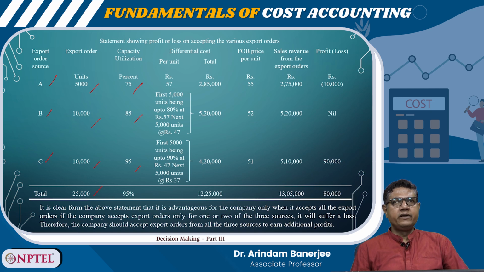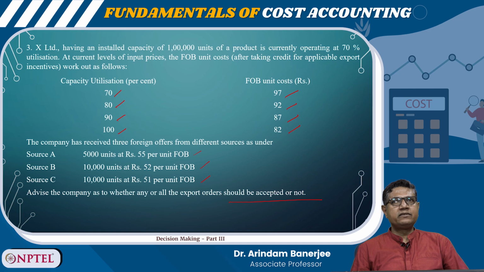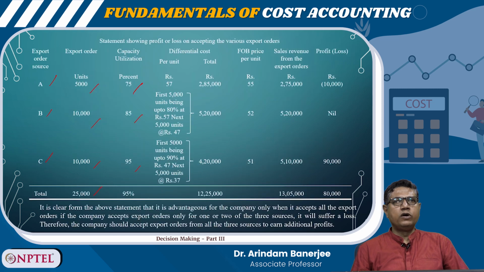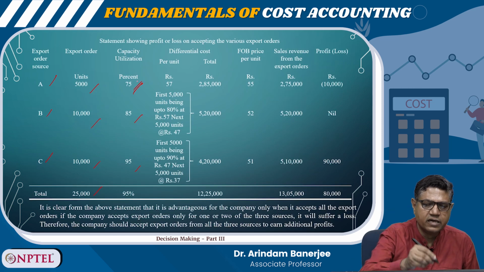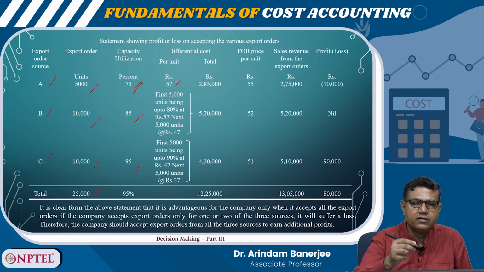So, I am taking the differential cost, the first one is 5,000 units. The company is already working at 70% capacity. So, an additional 5,000 means its capacity will go up to 75%, right. And at 75, what is the price? 57, right.